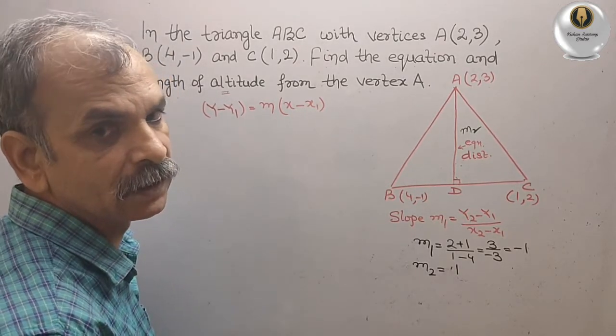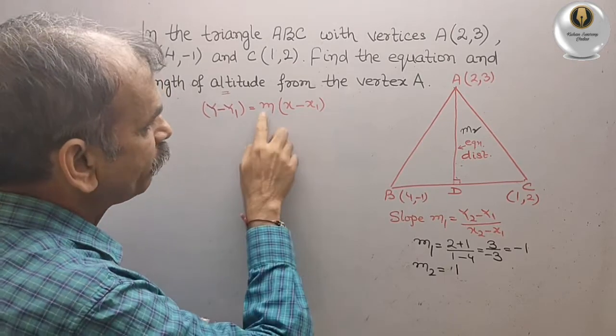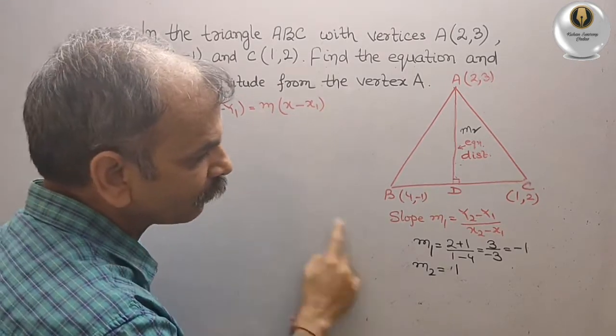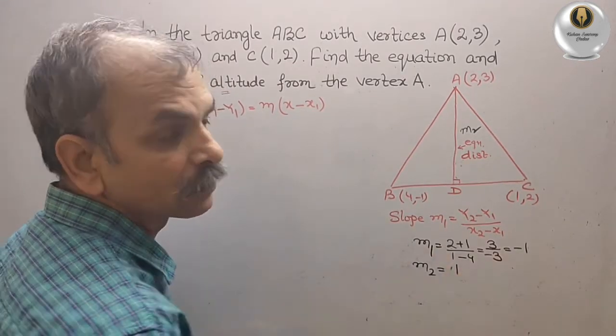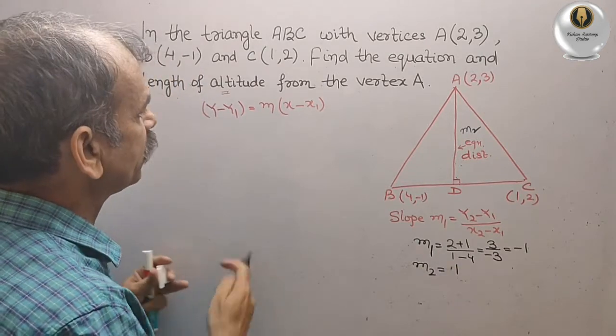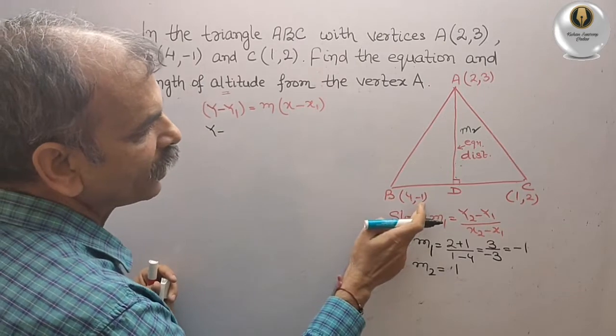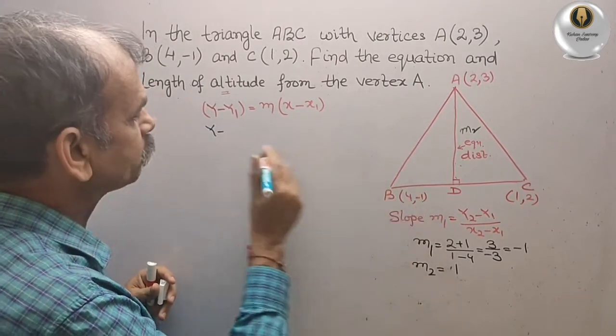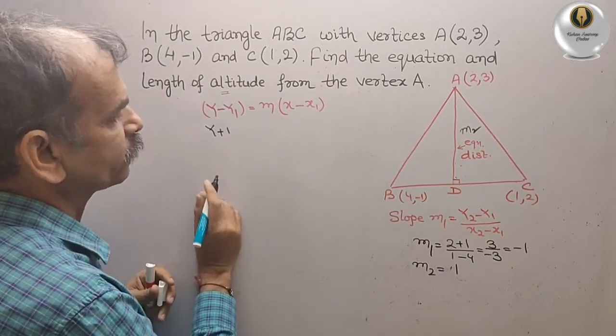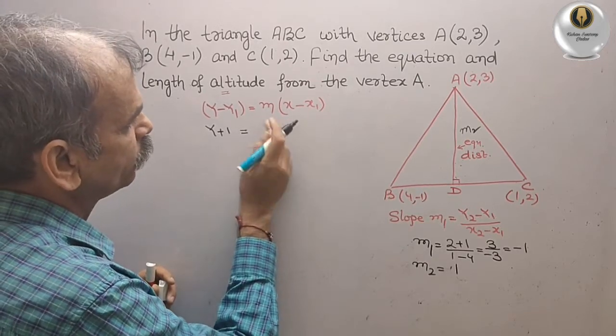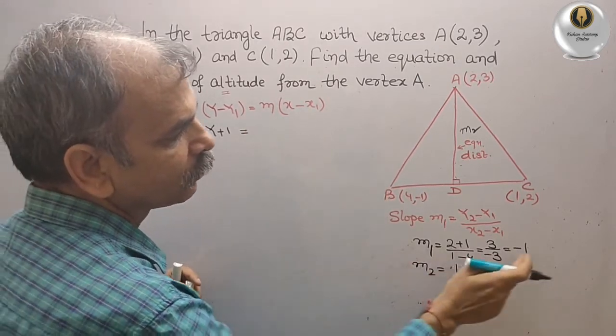Why we have written M? Because we know the M, that is -1. Now substitute these values, what we will get? Y minus Y1. Y1 is your -1, that means +1 here. It will come +1 is equal to, M is what? -1.